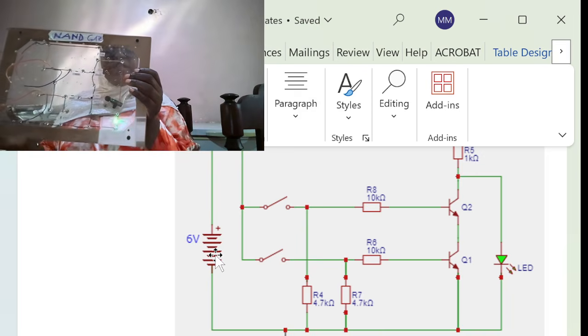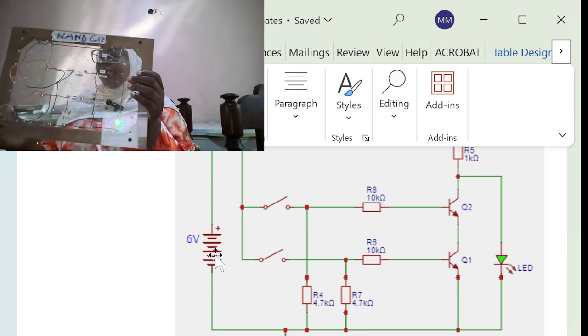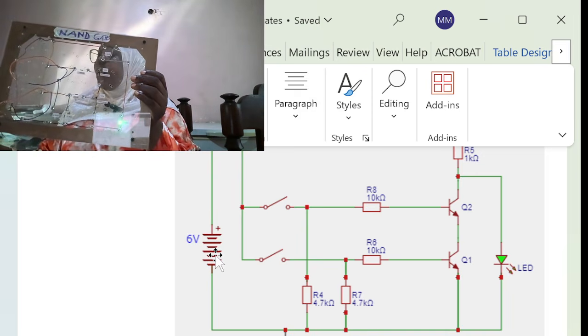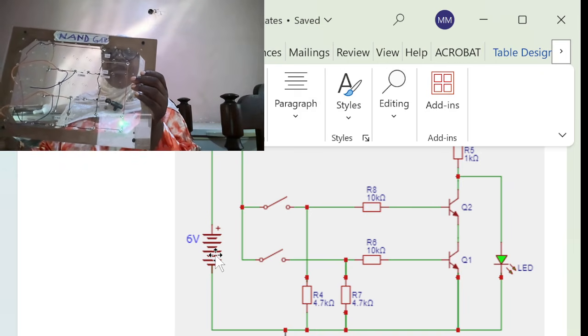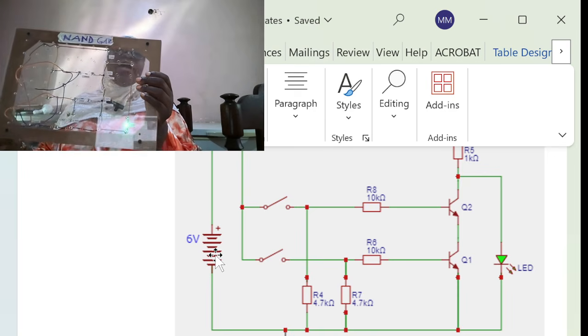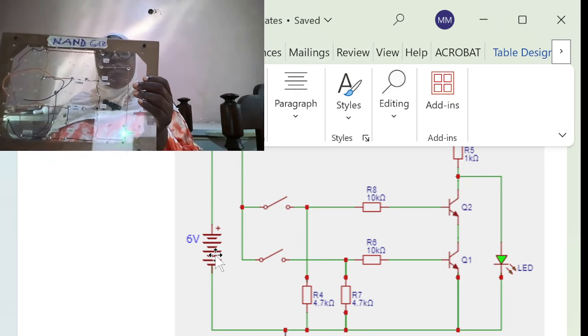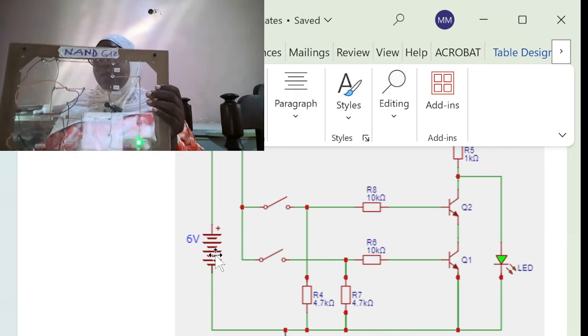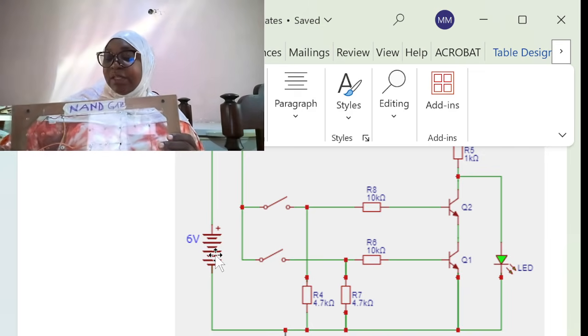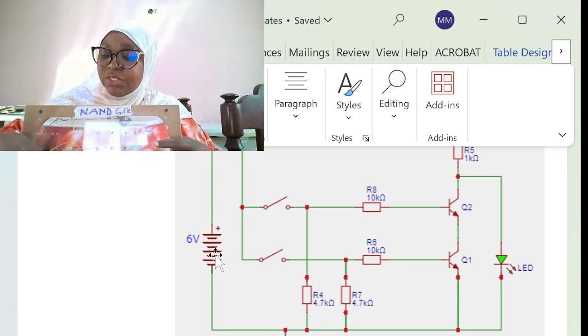The working principle of the NAND gate is that the output will be 0 if all the inputs are 1. Suppose this is switch 1 and switch 2.